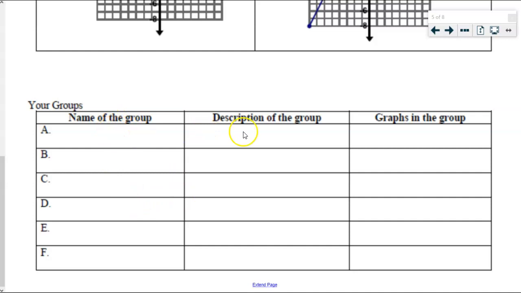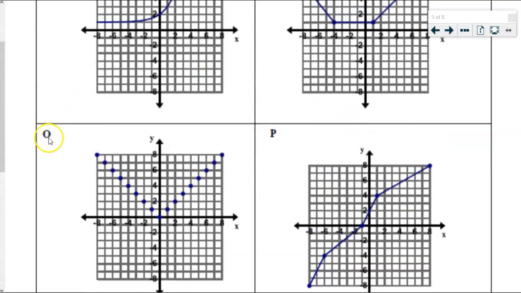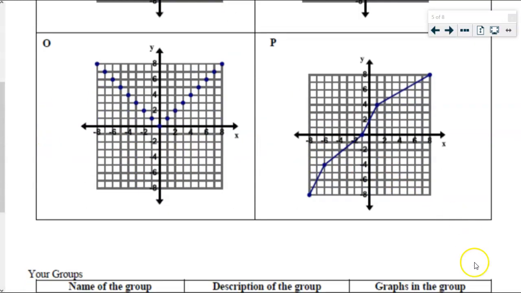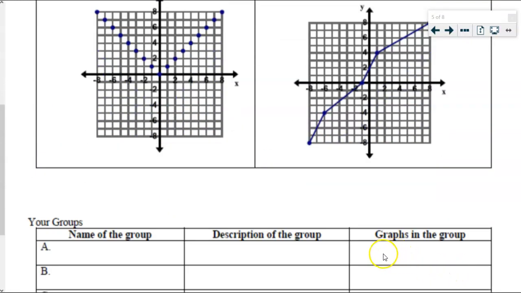So what is the name of the group, what's happening in that group, and which graphs would be in that group. For example, graph O and graph P might be in a group together, and so you'd list them here, O and P. That's all that I'm going to give for directions for right now. Your job is with your group, sort through each one of these, forming at least 3 different categories. I think that is sufficient. Any questions?